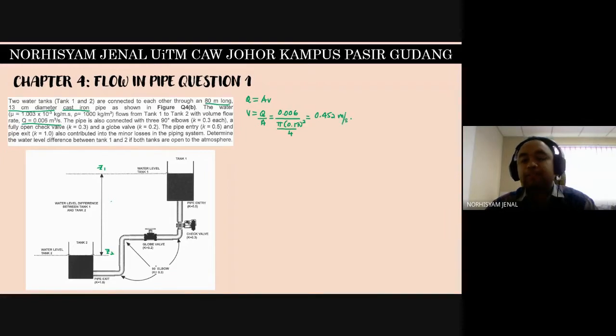meter per second. Now you find the Reynolds number, Re equals rho V d over mu, which equals 1000 times V is 0.452, D is 0.13, divided by 1.003 times 10 to the power of negative 3.